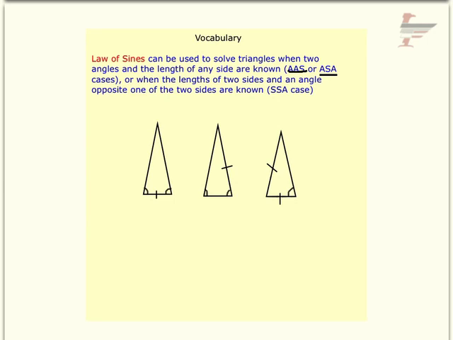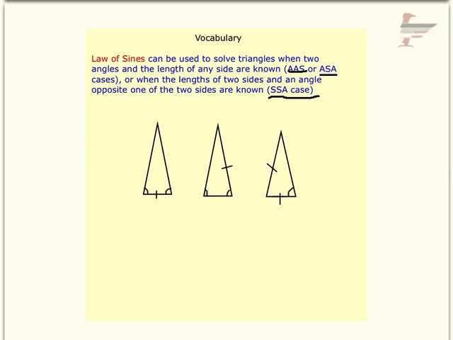The other case is side-side-angle, and I would just highlight this case. It's called the ambiguous case because it's unknown initially until you look into the triangle as to if you could have one triangle or two triangles or possibly no triangles.